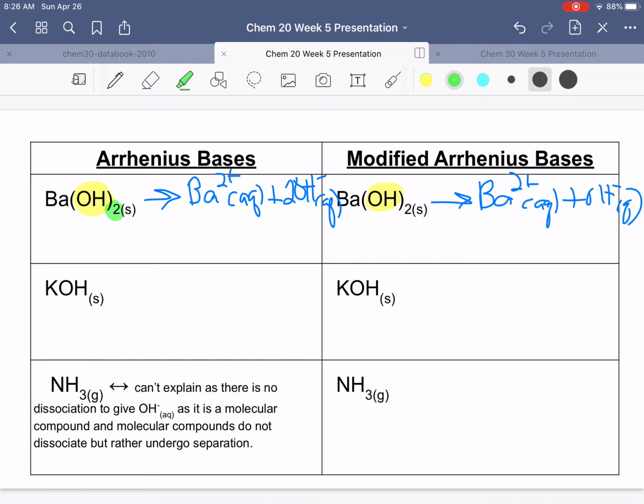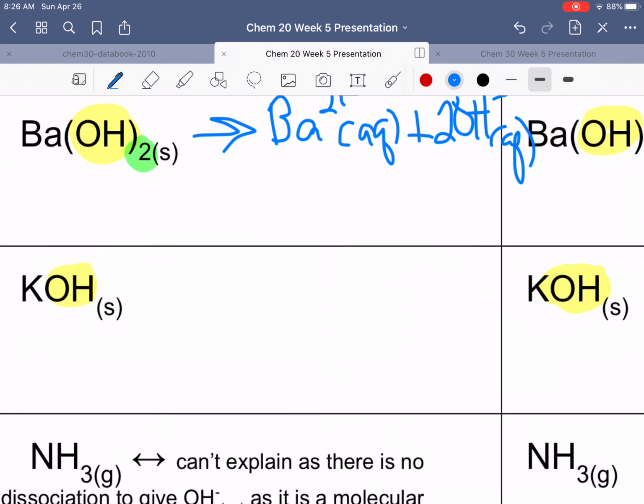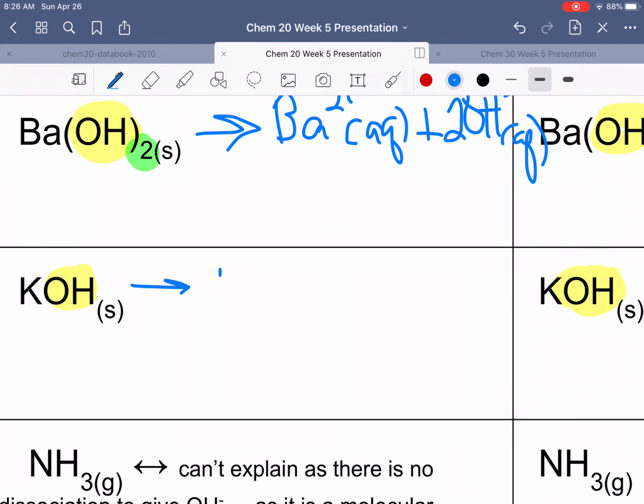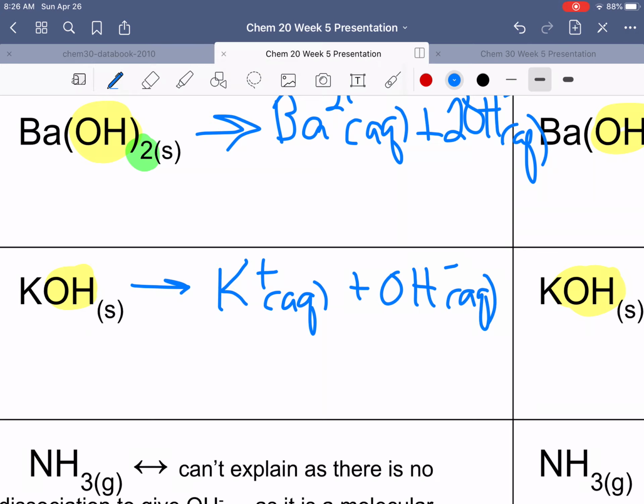Okay, check out the next one, potassium hydroxide. Once again, you see that hydroxide. This is an ionic compound. We have a metal with hydroxide, cation, anion. So that means, again, same. This is simply going to dissociate. We're going to end up with our K+ ion plus hydroxide, only one of them in this case.